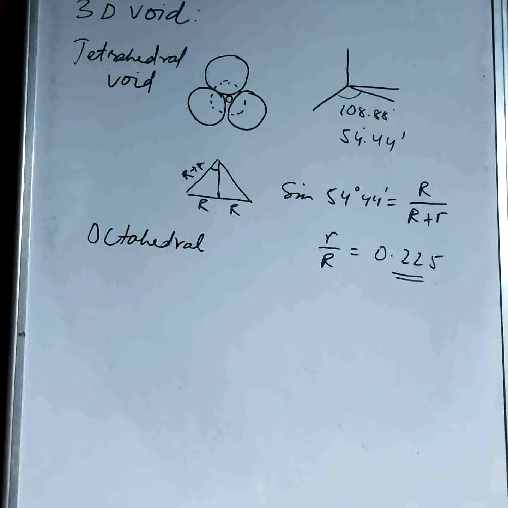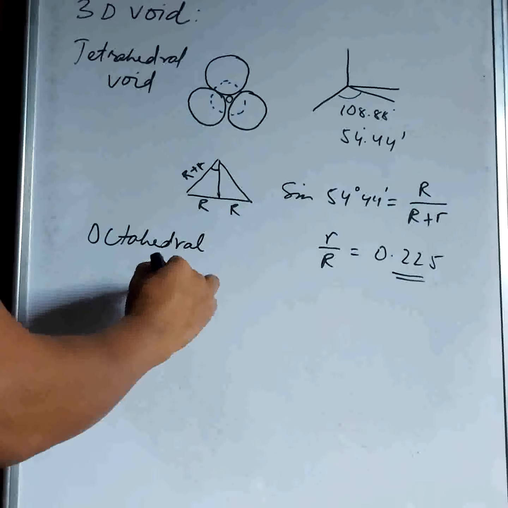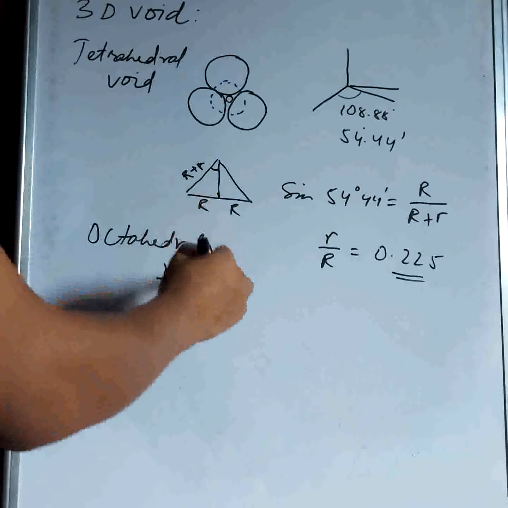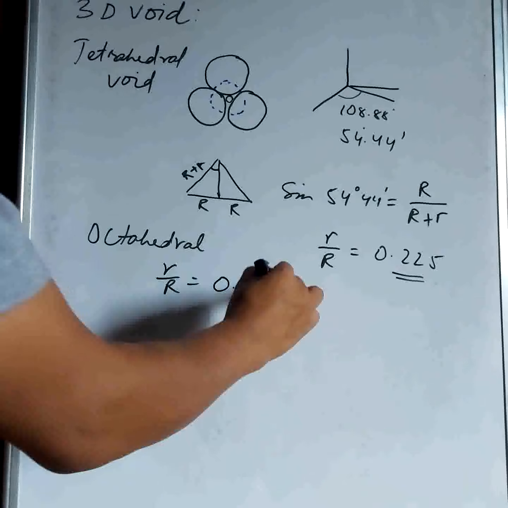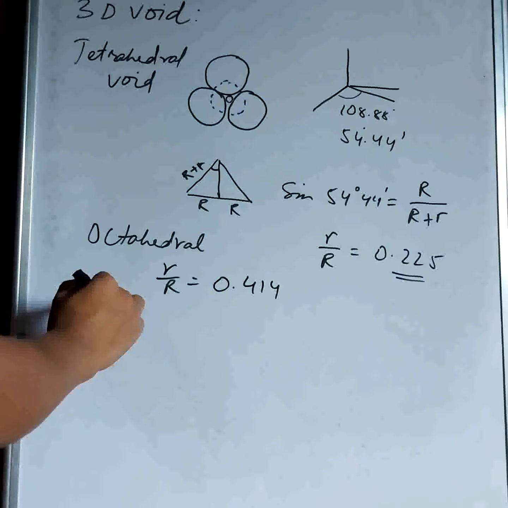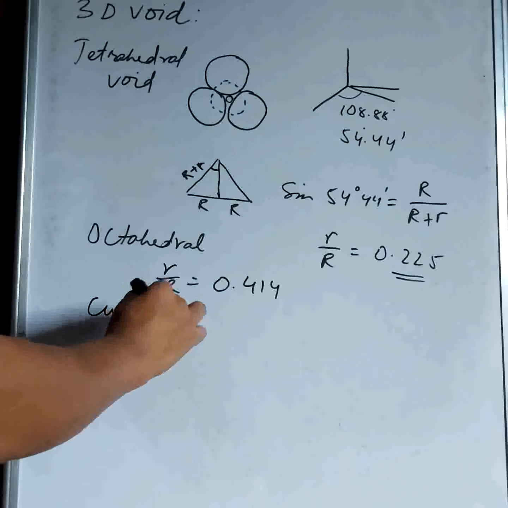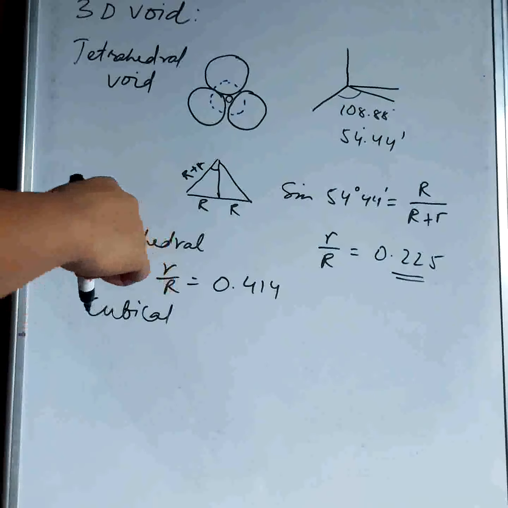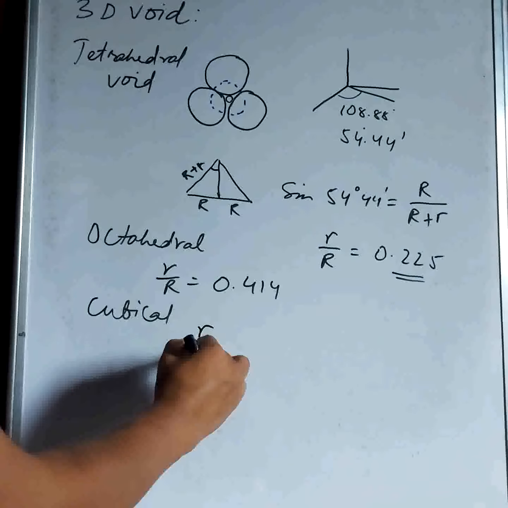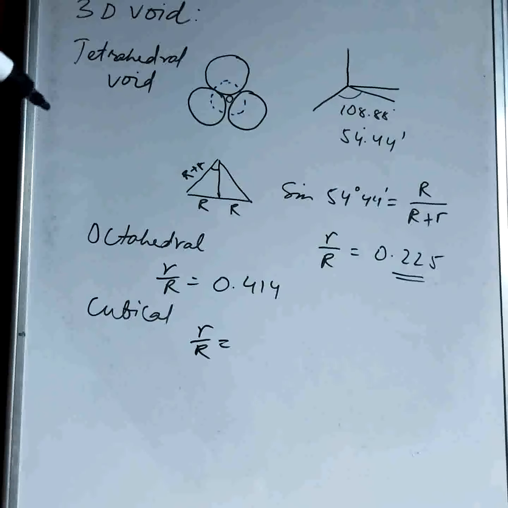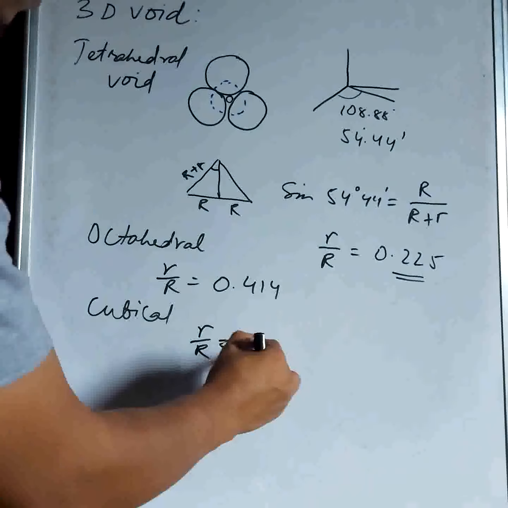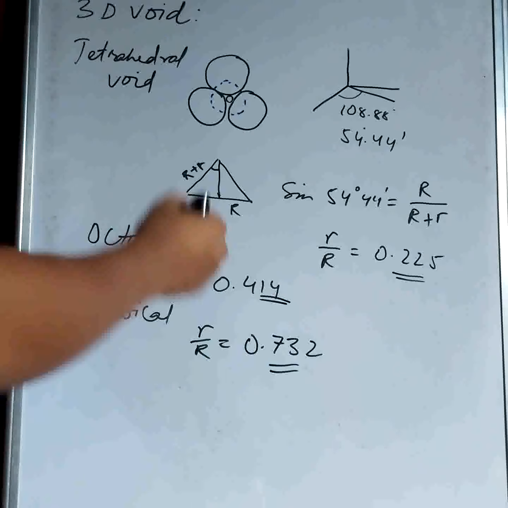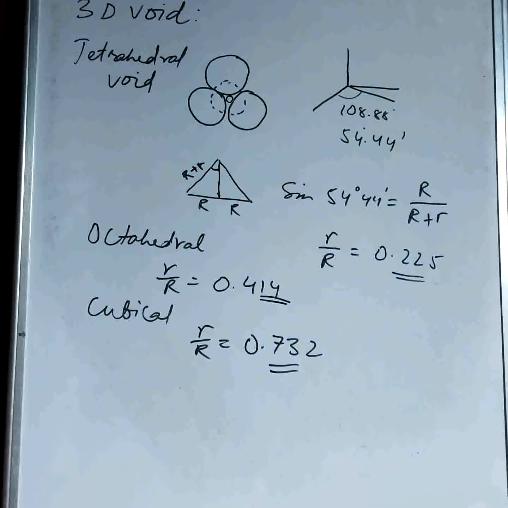The calculation of the radius ratio comes to be around 0.414, and then for a cubical void, the radius ratio is around 0.732. So those are some of the values which you need to remember.